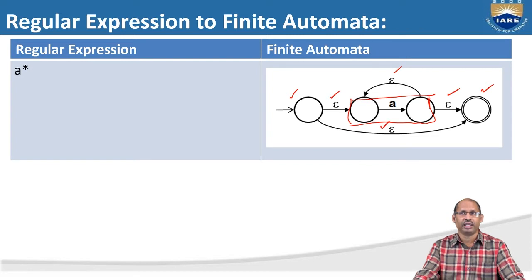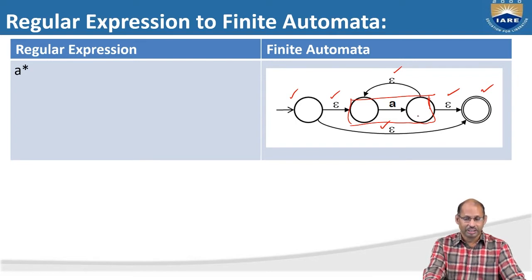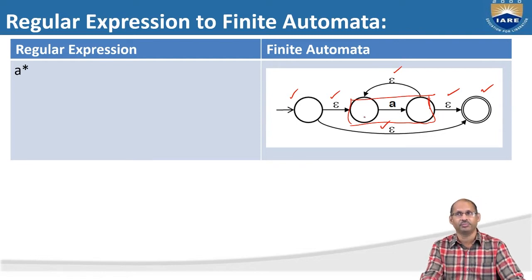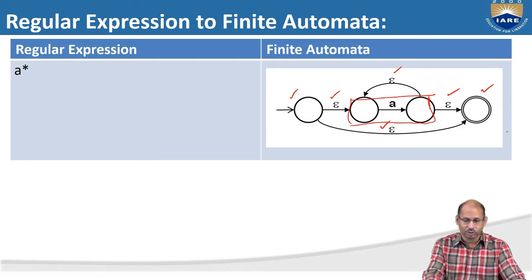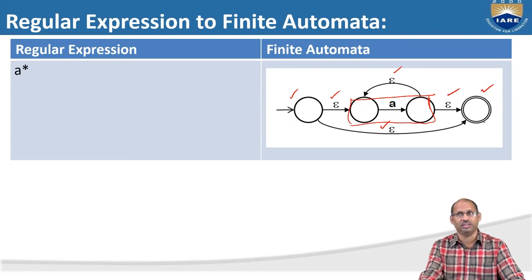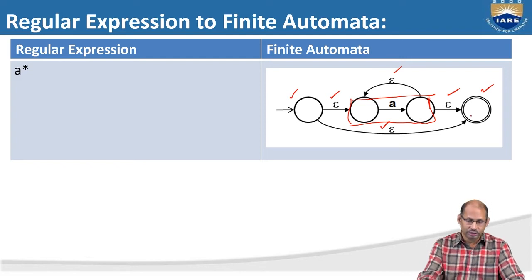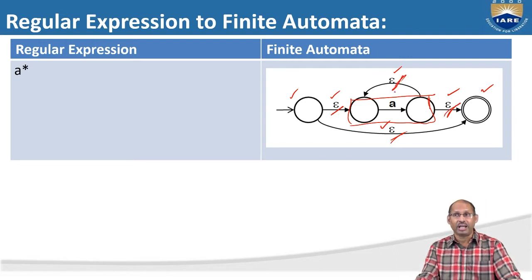The closure of A will represent as initial state to the initial state of the finite automata, then final state of the finite automata to initial state of the finite automata, then this initial state to the final state, then final state of A finite automata to final state. So these 4 epsilon transitions are connected to convert the A finite automata to A closure finite automata.